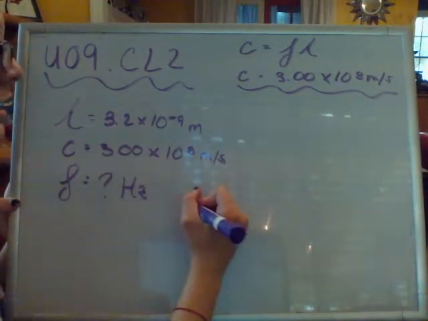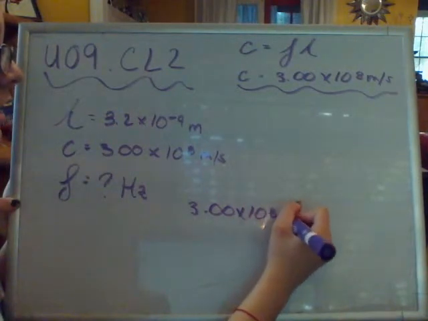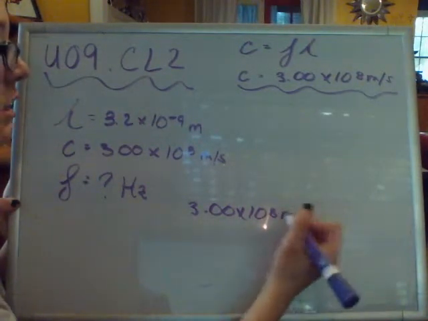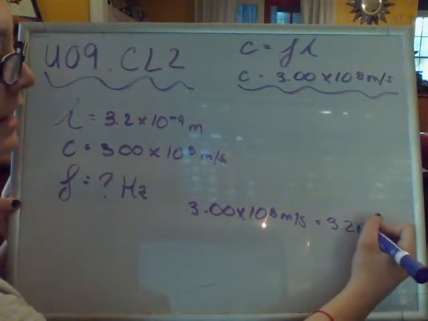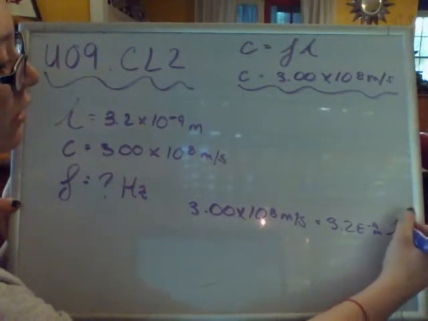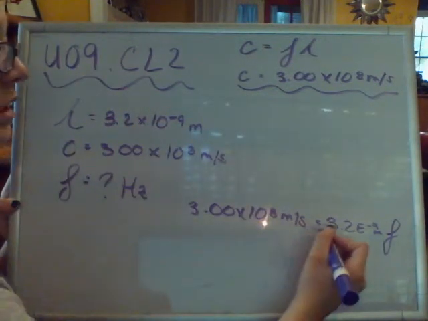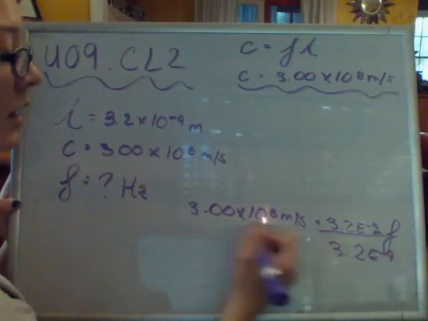So now if we plug it all in, it's 3.00 times 10 to the 8th meters per second is equal to 3.2, I'm just going to do E now, negative 9 meters, times f, because we're trying to find the frequency. So you're just going to divide both sides by 3.2 e to the negative 9.